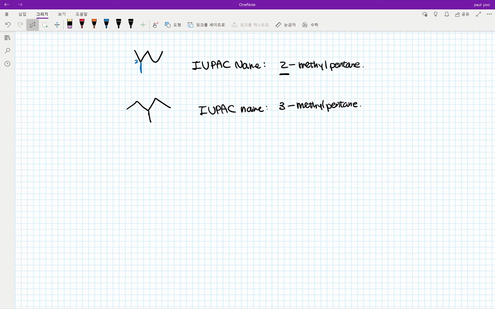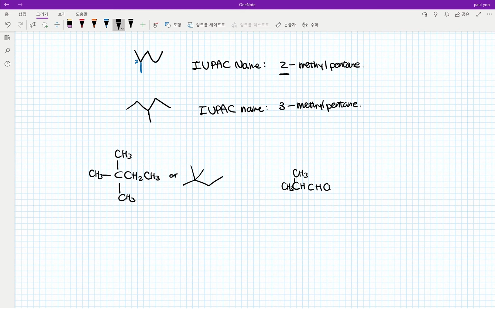Other remaining C6H14 isomers are shown.